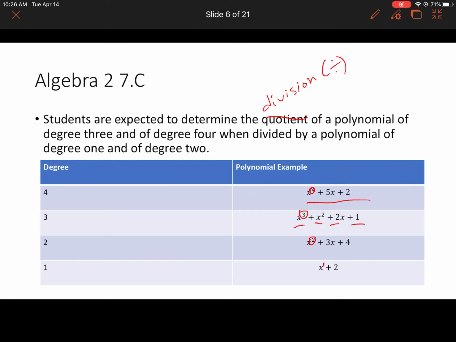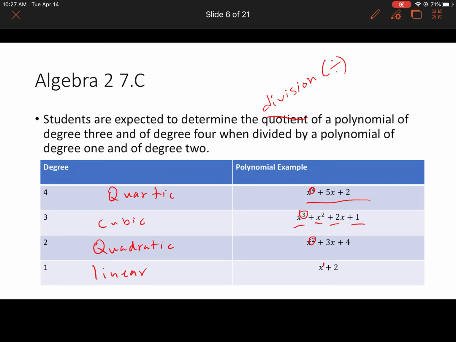It's a linear term. Let me go ahead and write that down. This is a quartic function. This is a cubic function. This is a quadratic function, and this is a linear function. Anytime I refer to a quartic function, I mean degree 4 polynomial. Anytime I refer to a cubic function, I refer to the degree 3 polynomial.